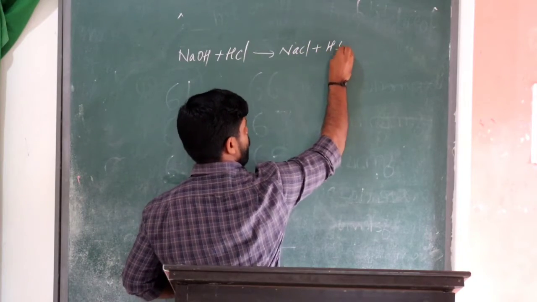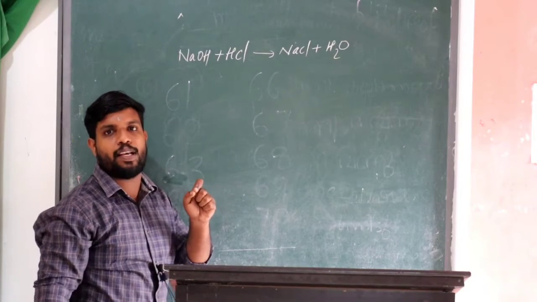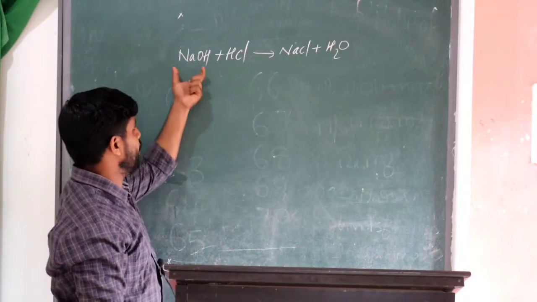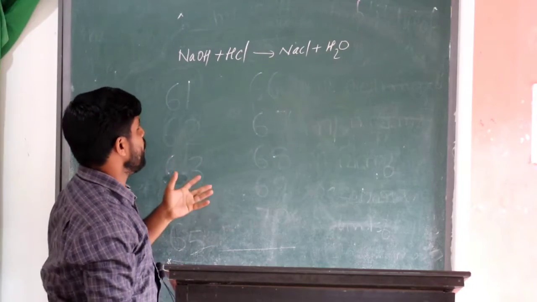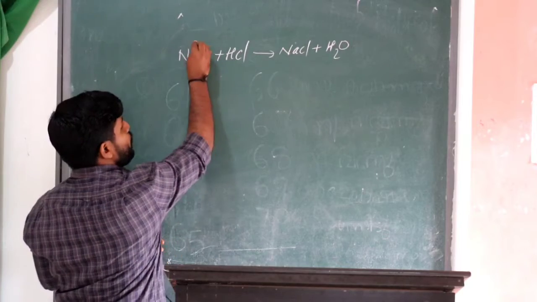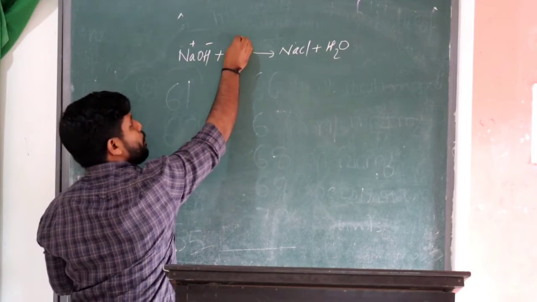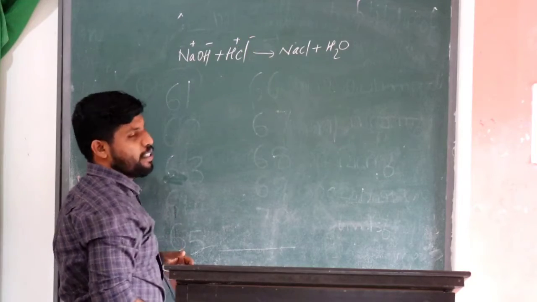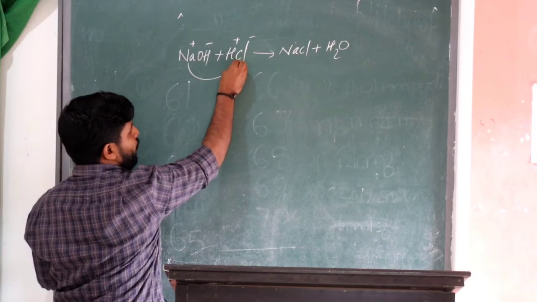That process is known as what? This process is known as a neutralization reaction. When an alkali reacts with an acid, it forms salt and water. Here we know the ionization of the alkali gives Na plus and OH minus, and the acid, in this case, gives H plus and Cl minus. Then the positive ion reacts with the negative ion.